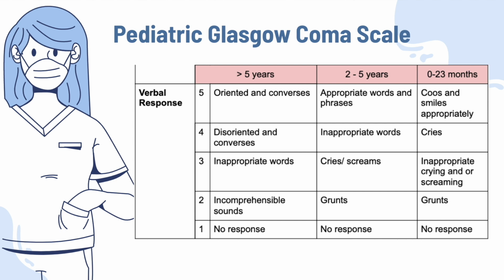For ages 0 to 23 months: coos and smiles appropriately, score of 5; cries, score of 4; inappropriate crying and screaming, score of 3; grunts, score of 2; no response, score of 1.